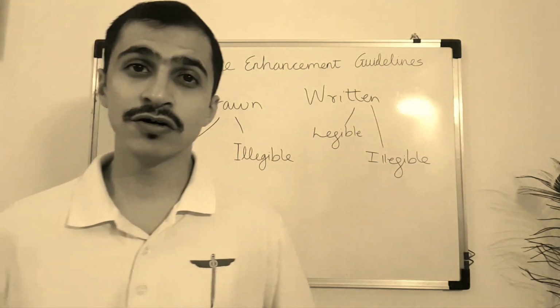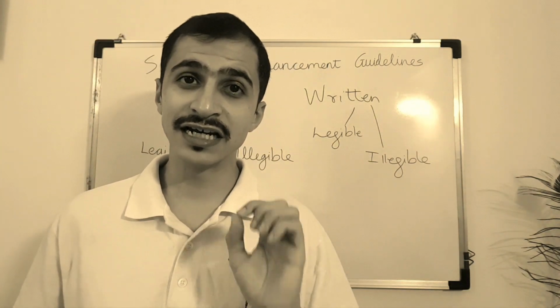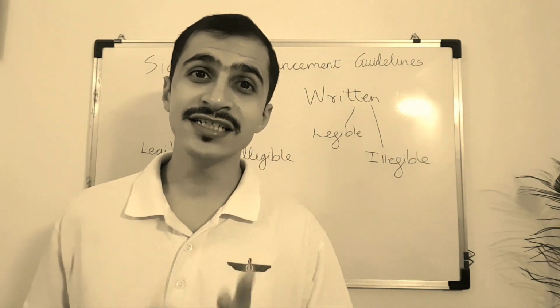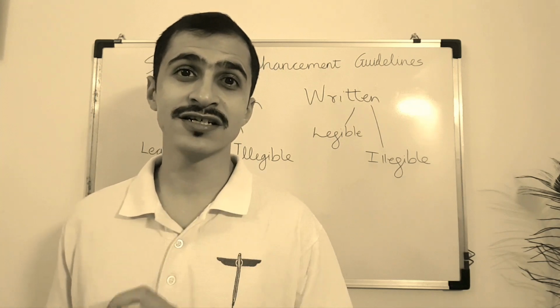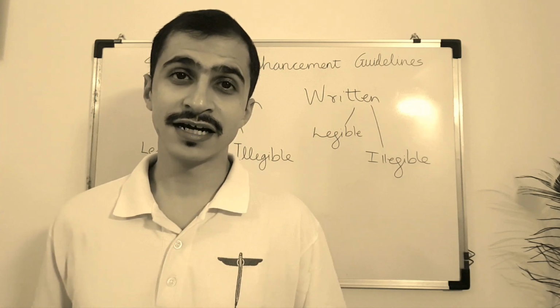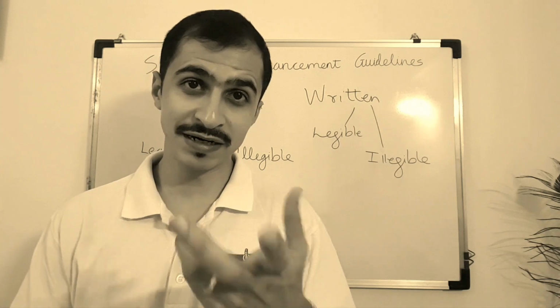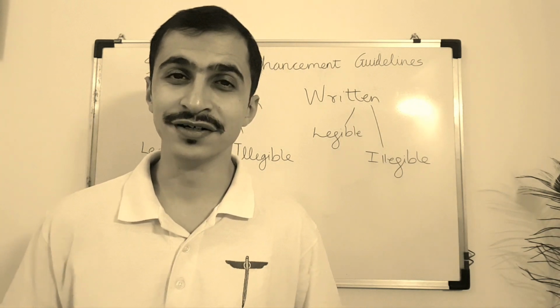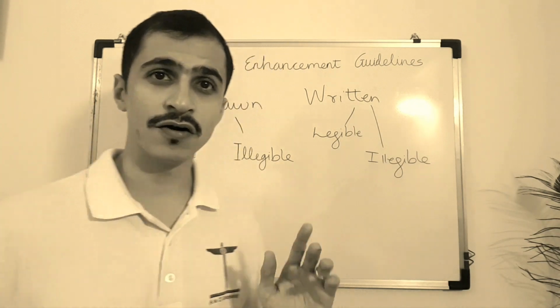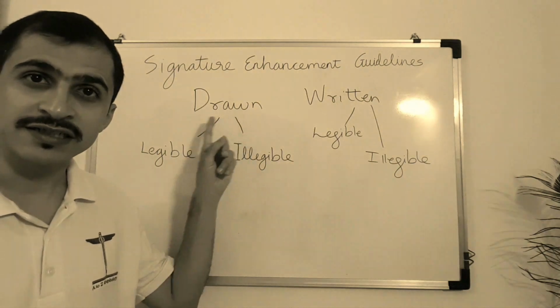In this video, we are going to focus on how legibility or illegibility of letter structures in a signature can either make a signature better or not so good. So let's take the example of a drawn signature that is legible.